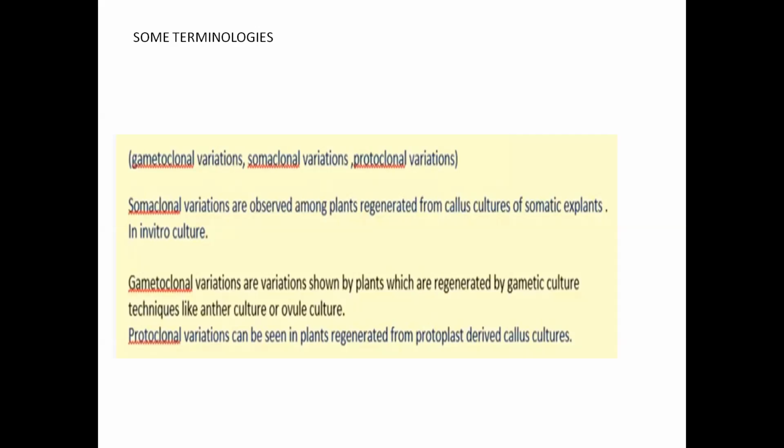So those variations are called gametoclonal variations. So when you use isolated protoplasts to form callus tissue by fusing protoplasts of different species or different genera, when you raise callus culture, you can see variations even in such cases, called protoclonal variations. So these are just 2 mark questions you might get.